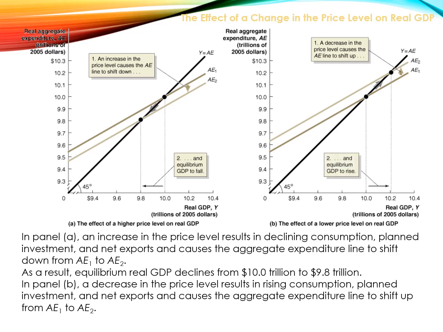This graph shows us basically how shifts in aggregate expenditures can change based on variables that fluctuate as a result of changes in the variables that we talked about. Now, the one that we're going to be most focused on here, we're actually going to be interested in all of them, but the one we're going to be most focused on is our price level.